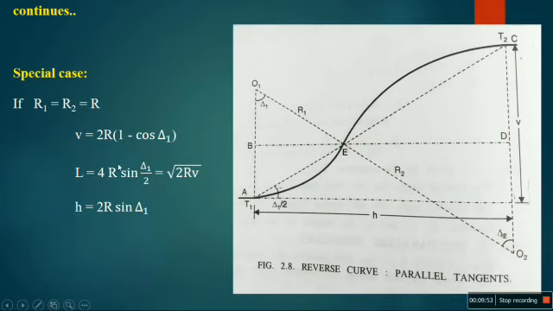Again simplifying, sin delta 1 by 2 can be written as square root of 2RV. Then finally, H is equal to 2R sin delta 1. These are the simplifications of the previous formulas V, L and H.